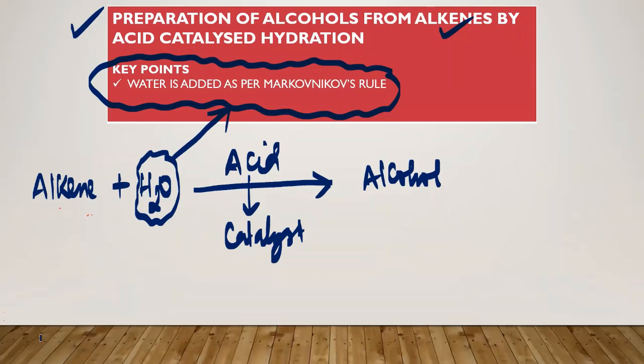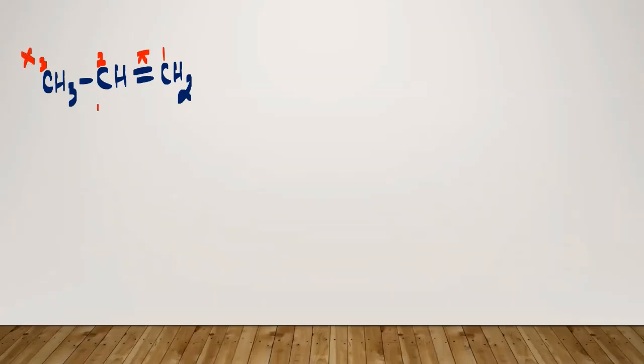So let us understand it in detail. Let me take one alkene here, CH3, CH, double bond, CH2. In this molecule, the reaction centers are carbon 1 and carbon 2. Here you have to break the pi bond in this alkene, and remember, this third carbon will not take part in the reaction.